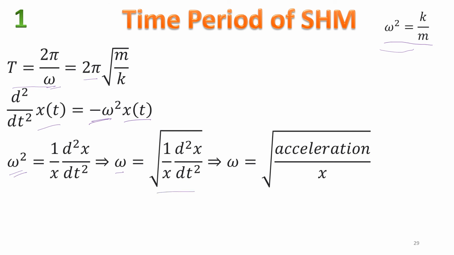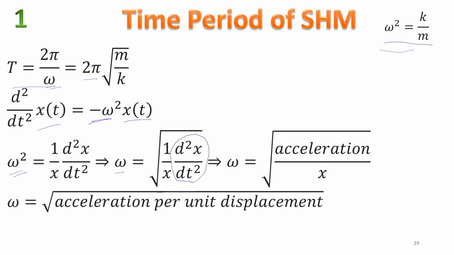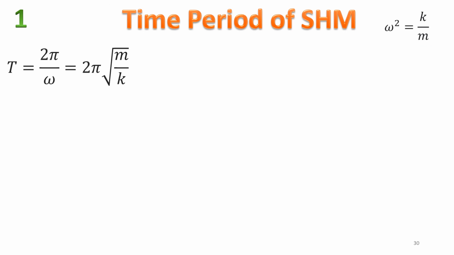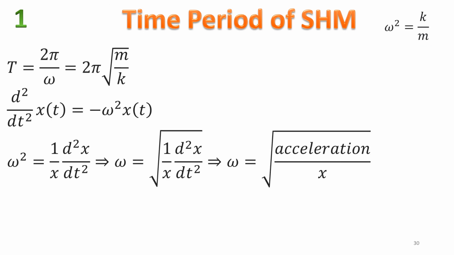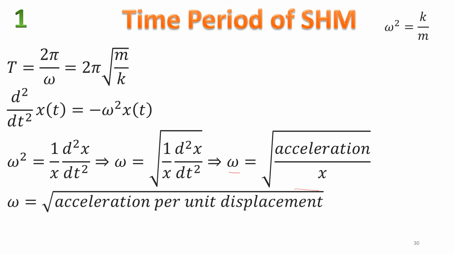Note that d2x by dt square is the acceleration quantity. So this quantity omega, which is acceleration upon x, can be called acceleration per unit displacement.